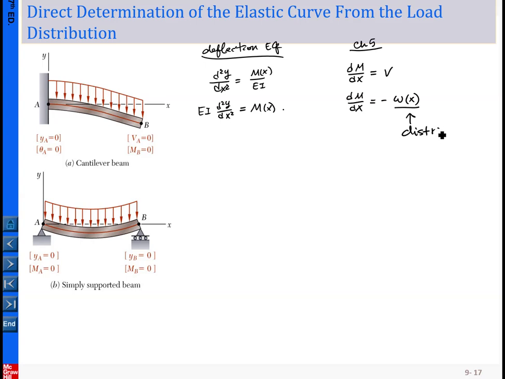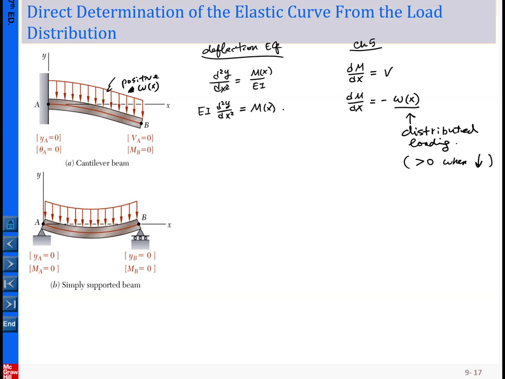Again, there's a sign convention applied. For example, the distributed loading is positive when applied downward. This is our sign convention. So basically for this case this is the positive omega of x.